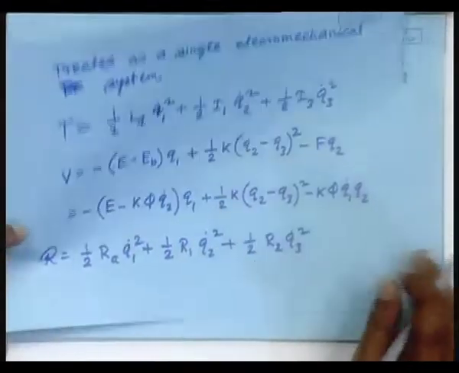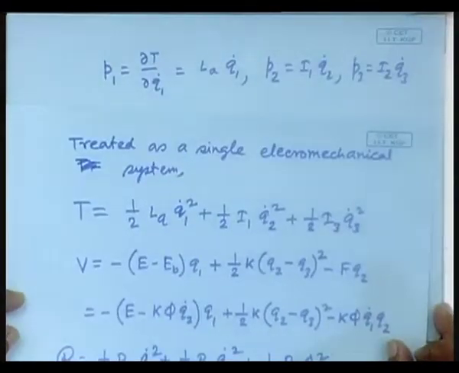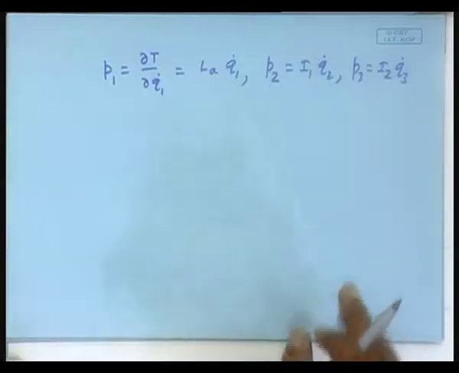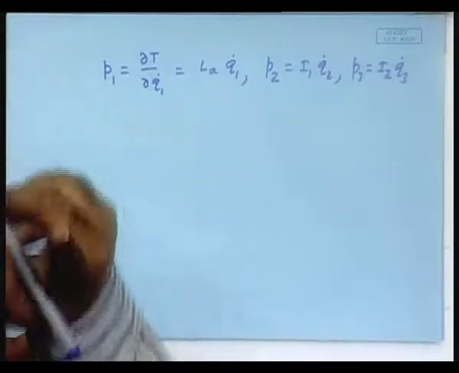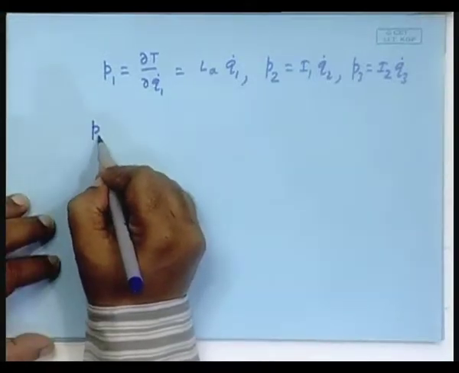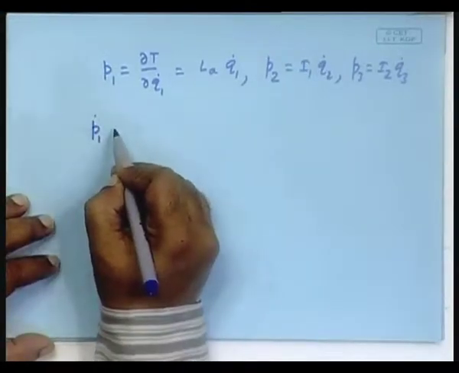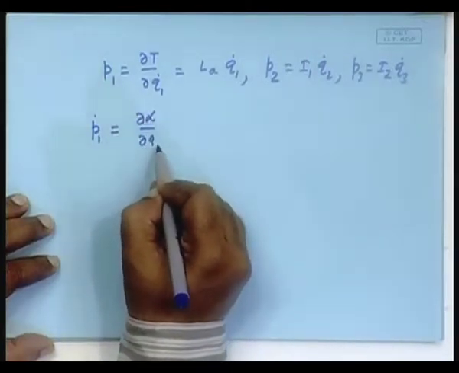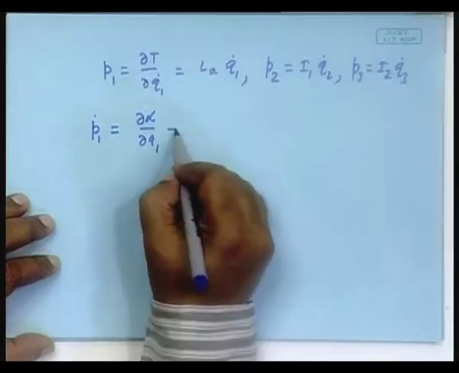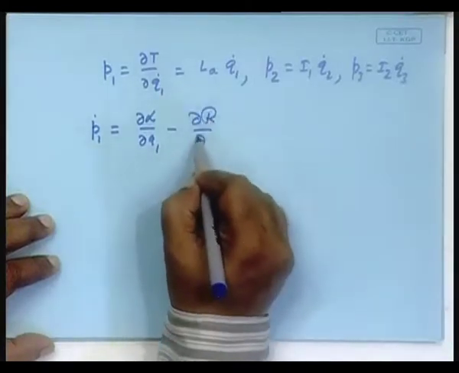Now, once you have defined that, the Lagrangian equation takes the form P1 dot is equal to the derivative of the Lagrangian with respect to Q1 minus the derivative of the Rayleigh with respect to Q1 dot.